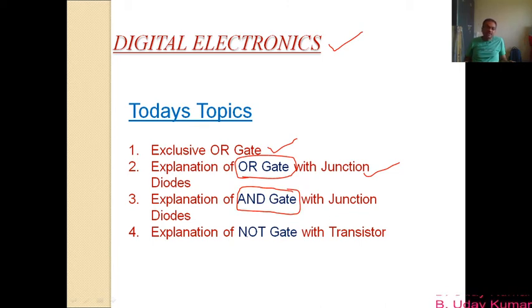And again I am telling you, if the time permits, we also try to understand the working of the NOT gate with the help of a transistor. Based on the time factor, we will see how many topics we can complete in today's video.